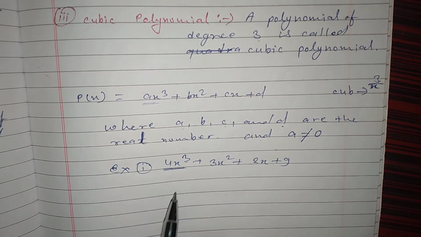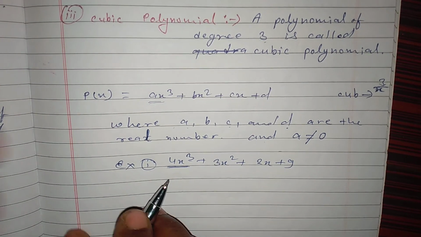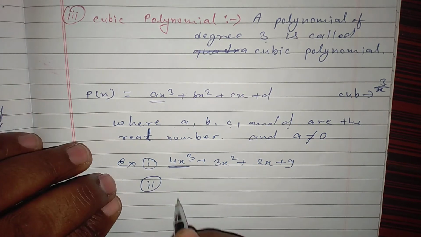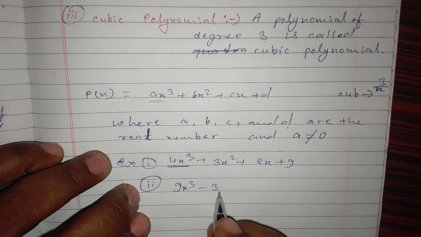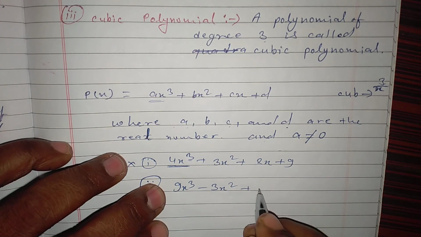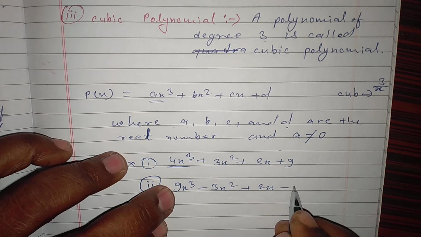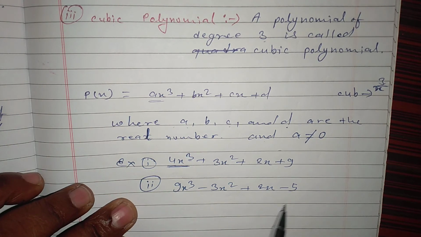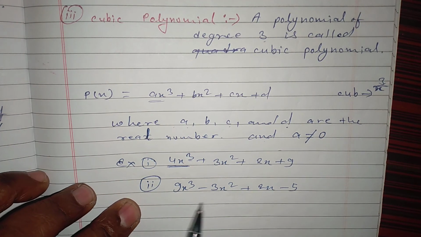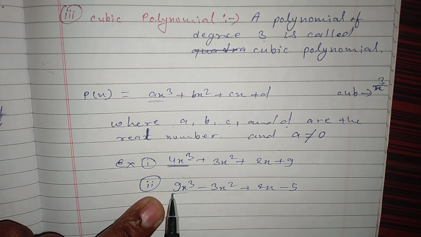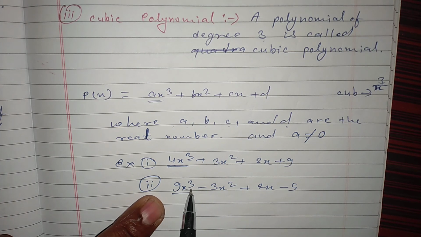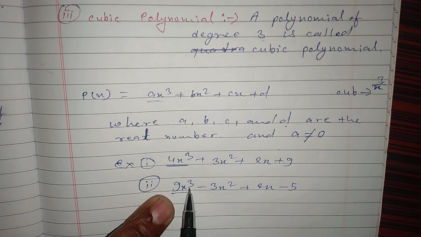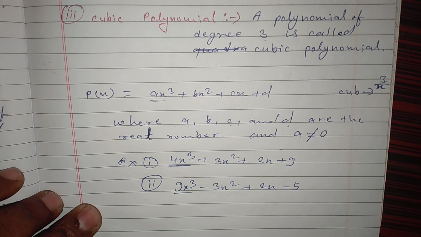So this is a cubic polynomial. Another example, 9x cube minus 3x square plus 2x minus 5. In this example also, the highest power of the polynomial is 3, or we can also say the highest degree of the polynomial is 3. So this is a cubic polynomial.